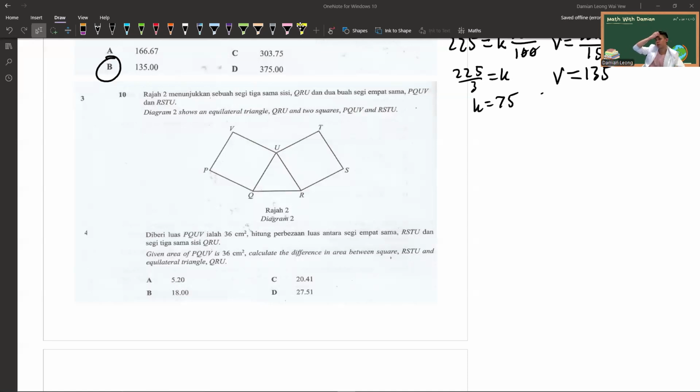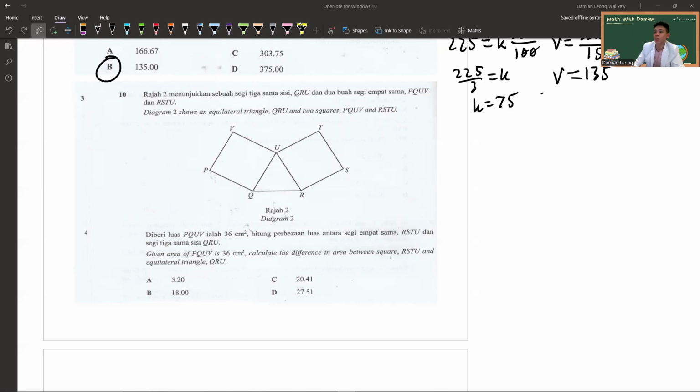Here we have equilateral triangle QRU and two squares PQUV and RSTU. Given the area is 36 cm square, calculate the difference in area between square RSTU and equilateral triangle QRU.